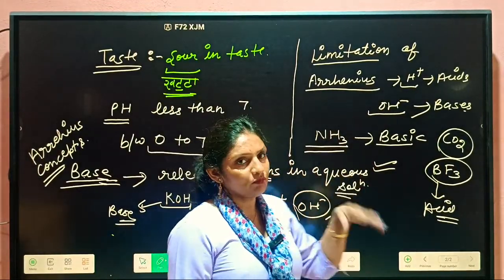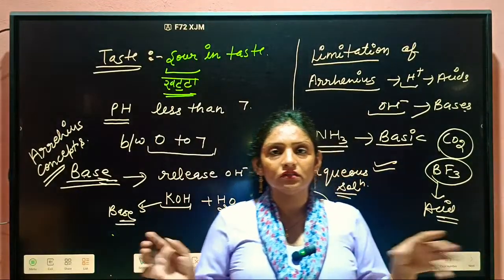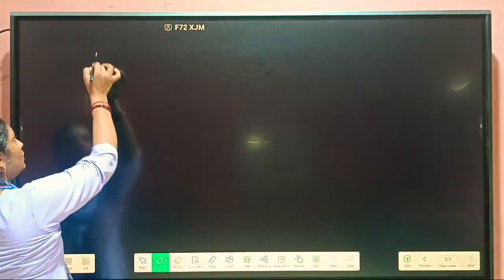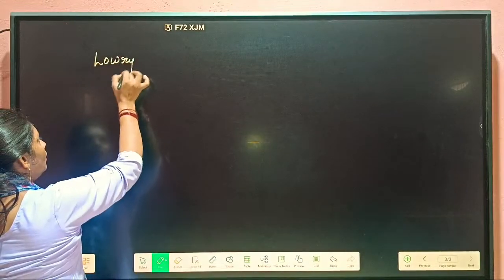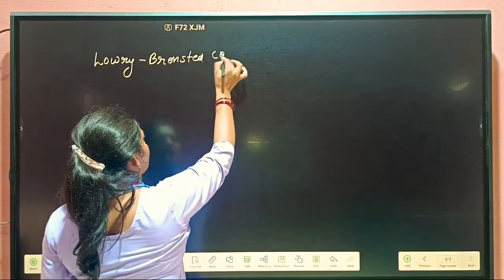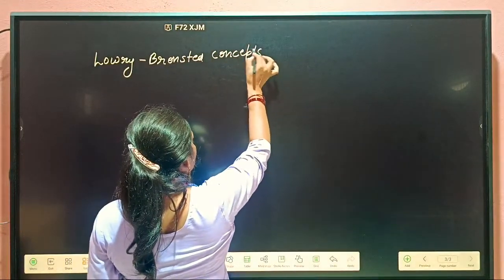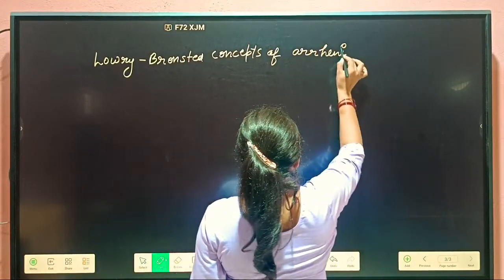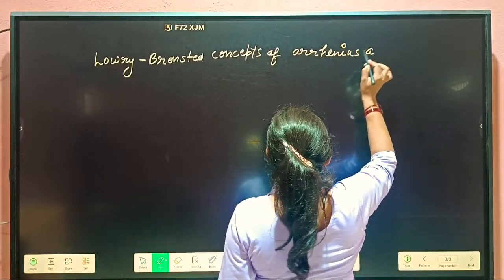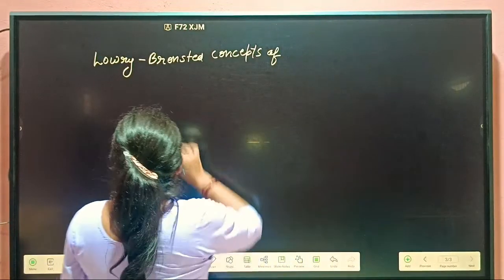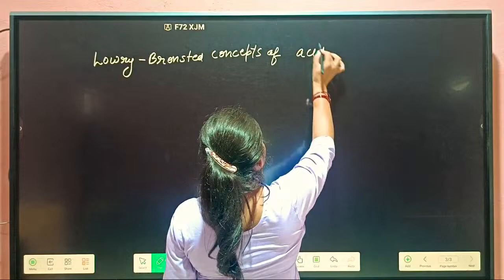So students, some other scientists came to overcome the limitation of Arrhenius, like Lowry and Bronsted. The Lowry-Bronsted concept of acids and bases.